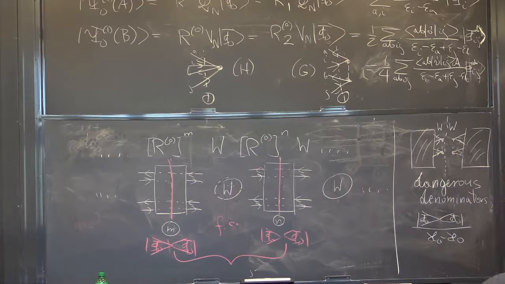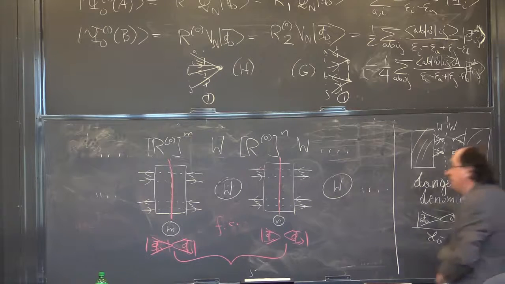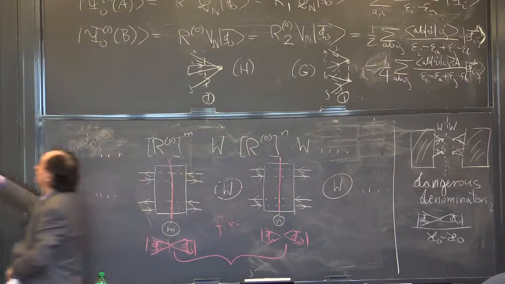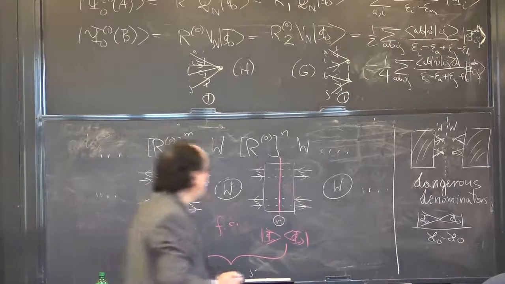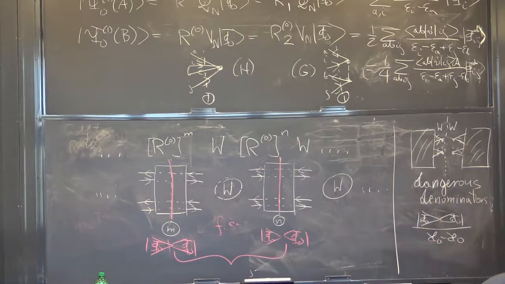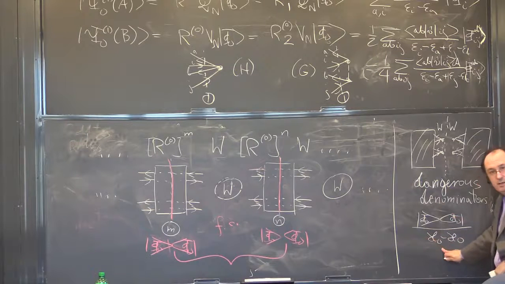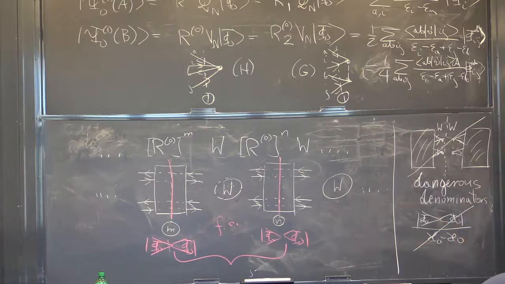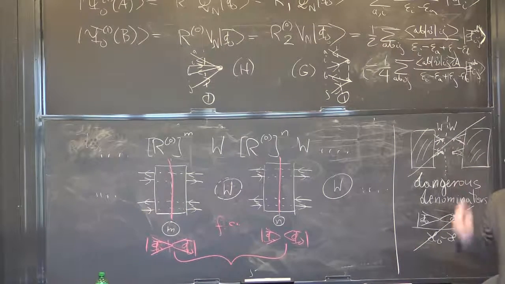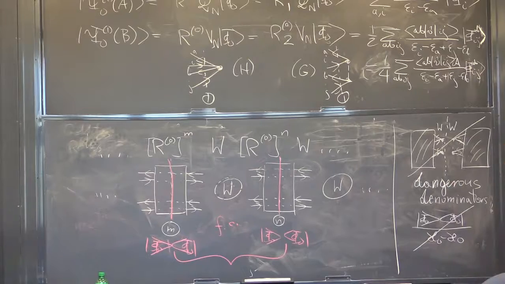That's a singularity. The resolvent avoids that. The resolvent always sums over n at least 1, so you don't have a phi 0 term. A term like this is not allowed. Of course, it's singular. That would make no sense. So we're not going to do that. We do not allow drawing diagrams with dangerous denominators. That's a rule.